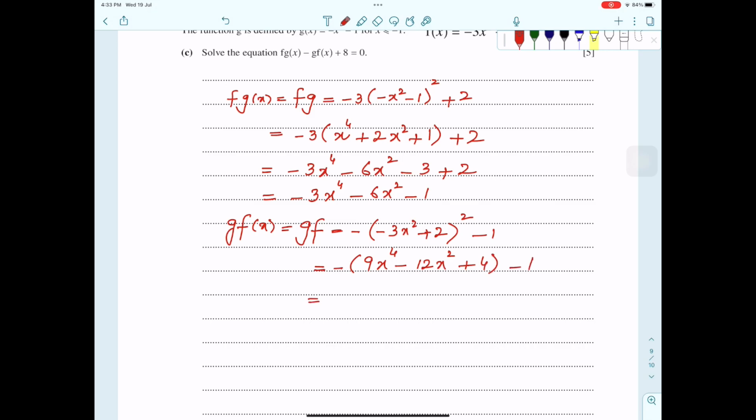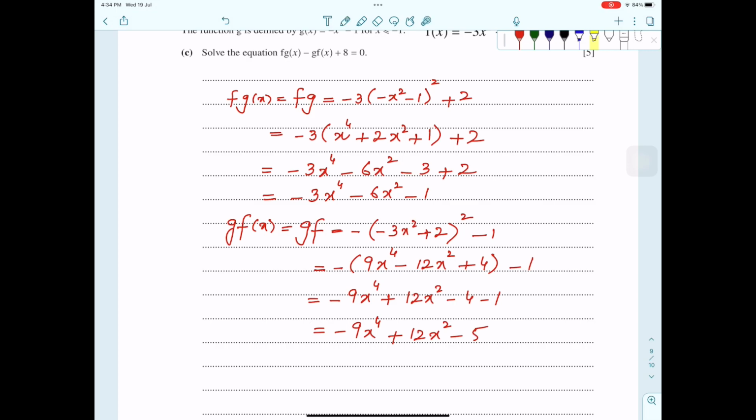Again, you will open the parenthesis. There is a negative sign. That means you are going to change the sign inside the parenthesis. So it is minus 9x power 4 plus 12x squared minus 4 minus 1. So when you simplify it further, you will get this equation. This is called a quartic equation because its power is 4.